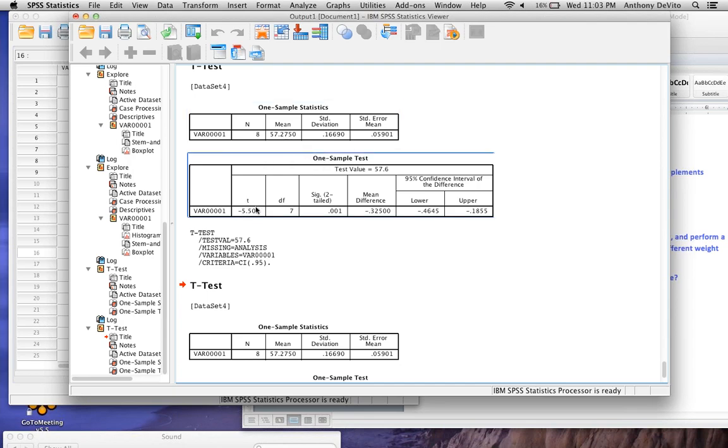That's the number, x bar minus mu over standard error, right? That's what that number t represents, basically. So it's 5.5 standard errors difference.